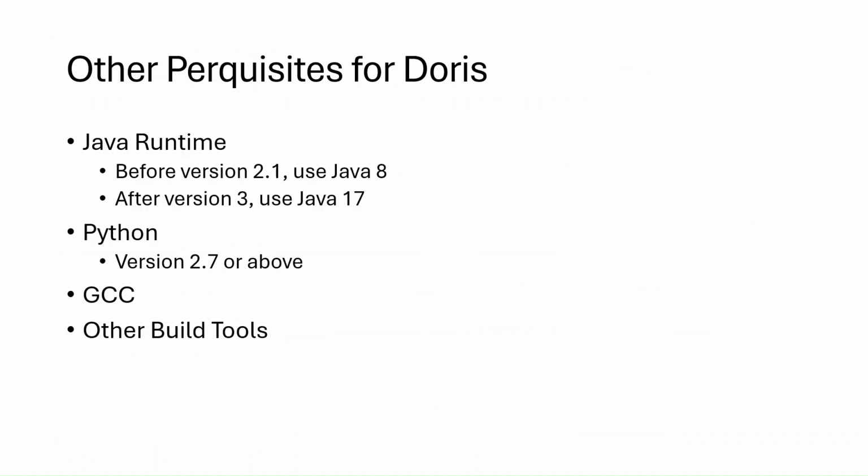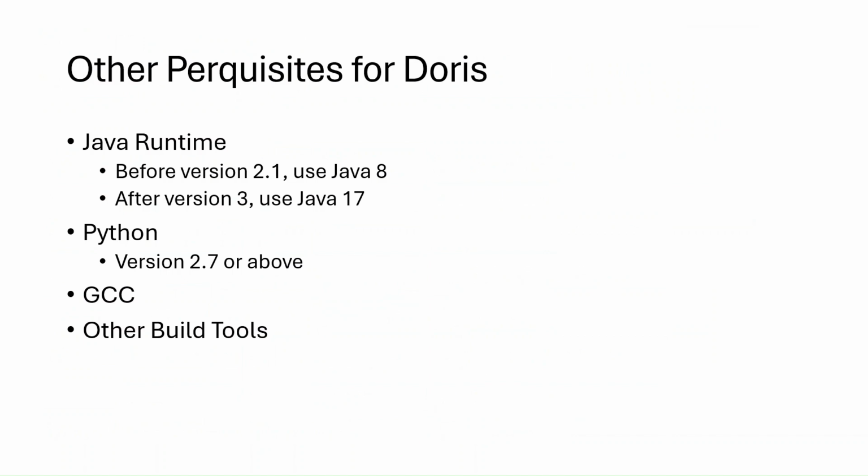Other prerequisites for Doris would be Java runtime. If you're using Apache Doris before version 2.1, it is ideal that you use Java 8. If the version is 3 and above, you need to use Java 17. Other than that, you would also require to install Python, which should be version 2.7 or above.